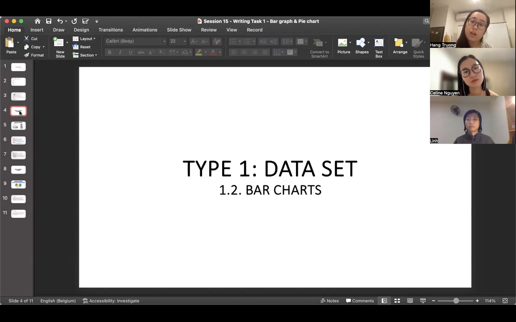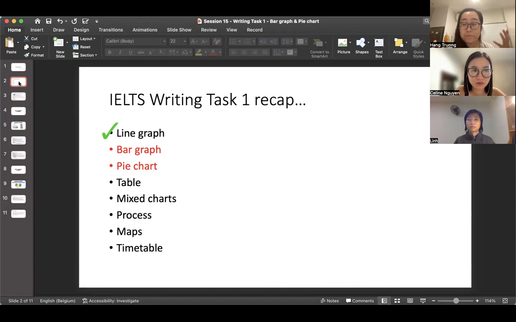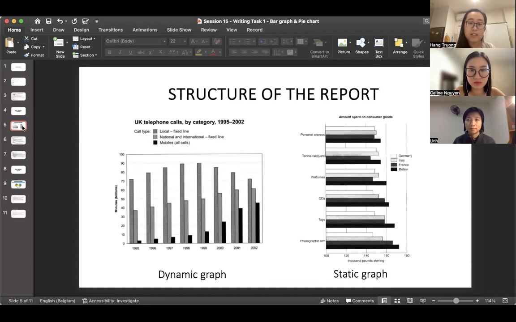So now, in this session 15, we'll continue with the next two task types. Last time we finished line graph. Now today we continue with bar and pie. Now, let's look at these two bar graphs.